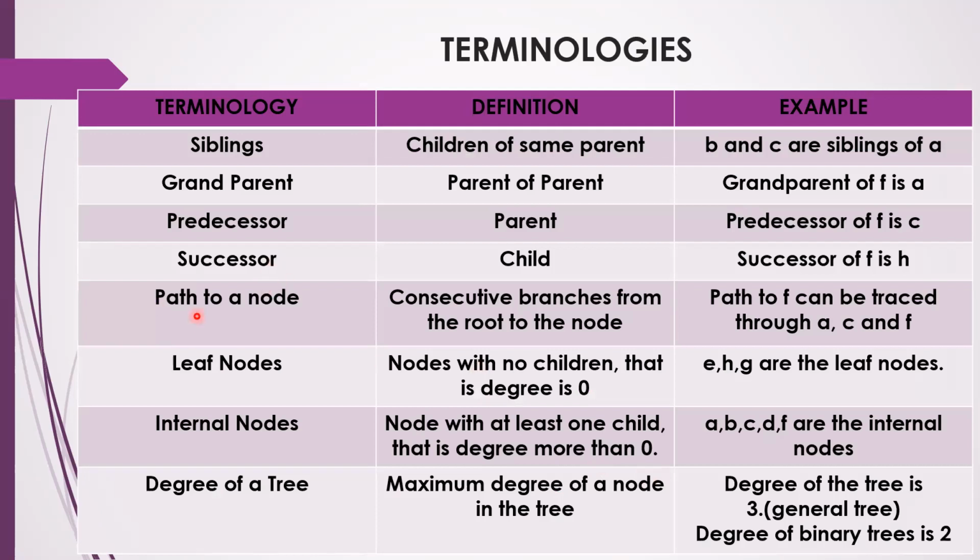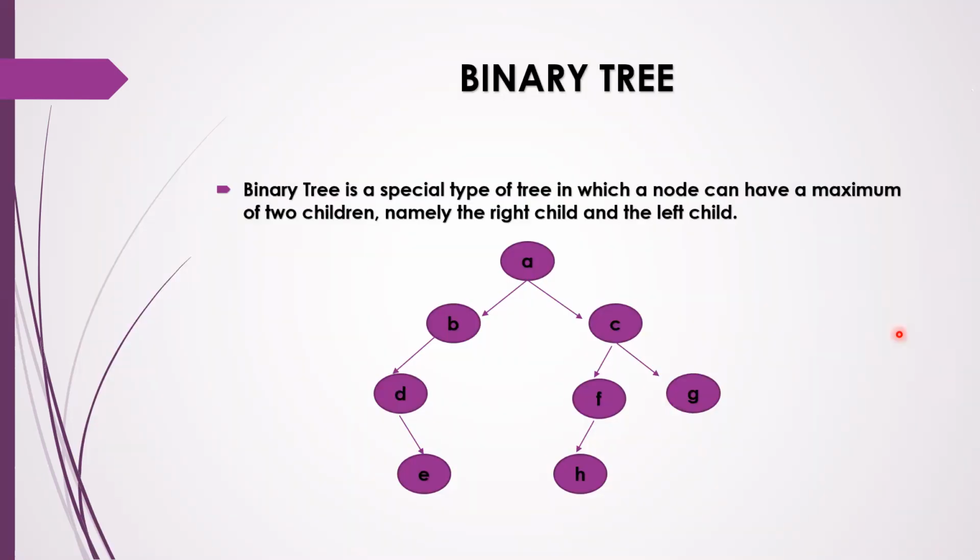Now we will move on to the path to a node. All the nodes are connected with branches. A path is consecutive branches from the root to the node. The path to F can be traced through A, C, and F. To go to F, from A, this is a branch, then you go to C, then F. So A, C, F is a path.